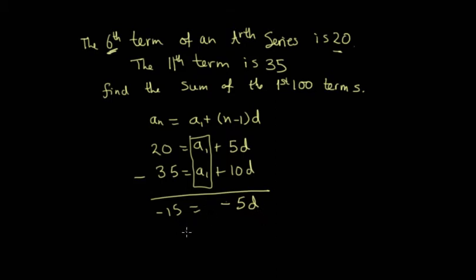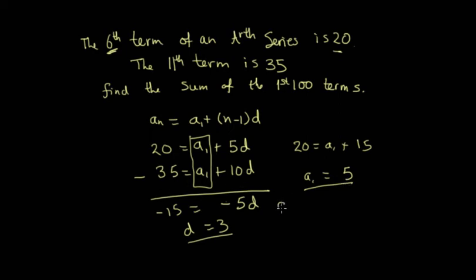The minuses cancel out and we end up with d equals 3. If we then plug that back into the first one, 20 equals a1, the first term, plus 5 times 3, which is 15, and then we find a1 is going to be 5. So now we know the missing terms that we didn't have before.